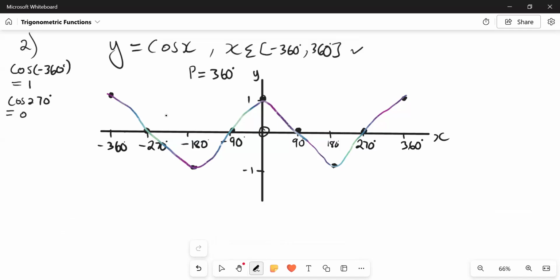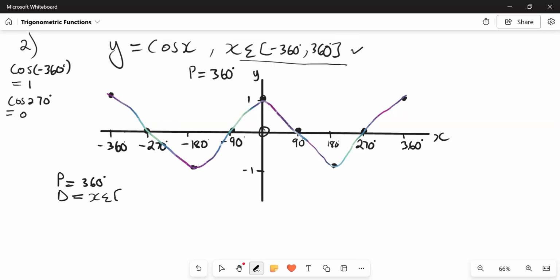Now, after drawing the graph, you must obviously have your period, which is 360. That's the cos graph. First thing, your domain, D for the domain. Where do you see your graph in terms of x?